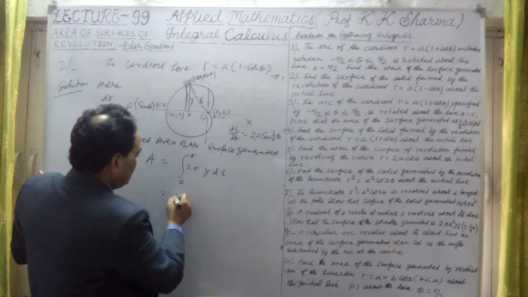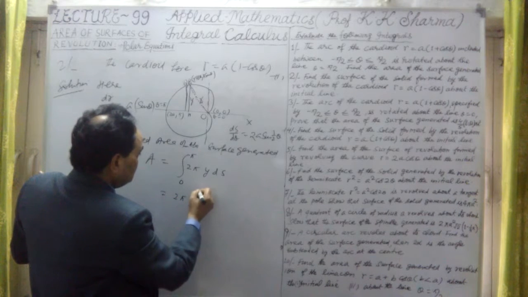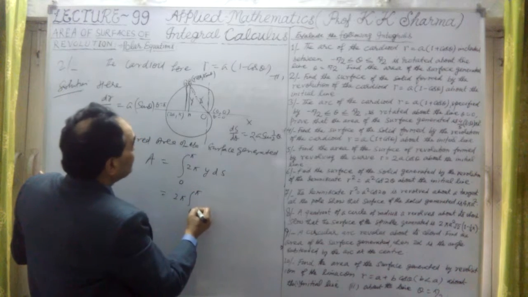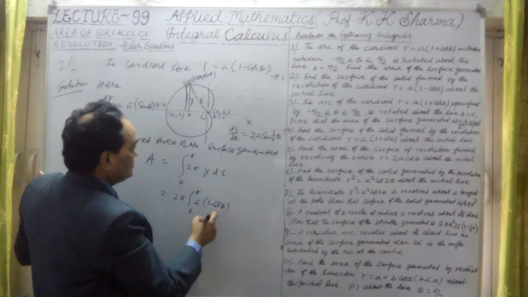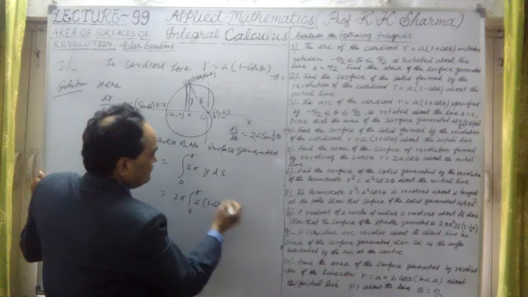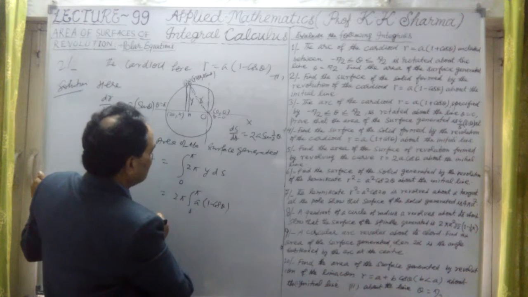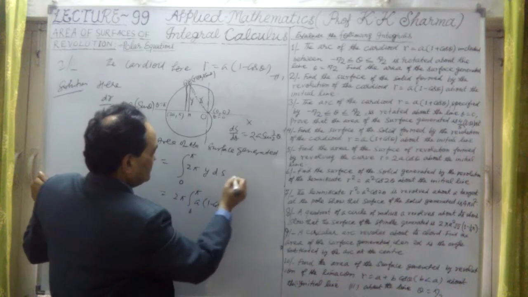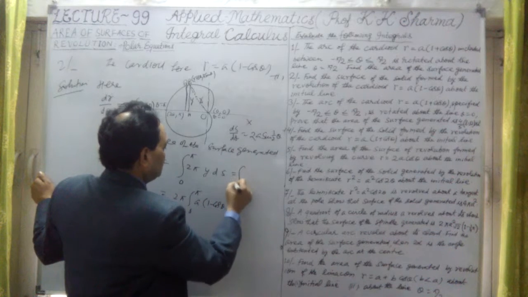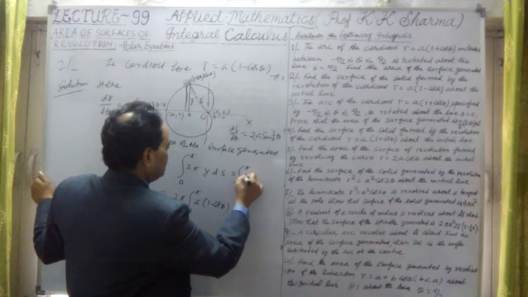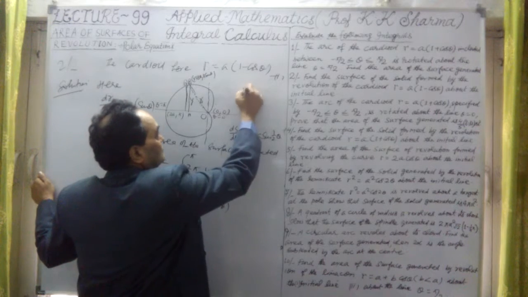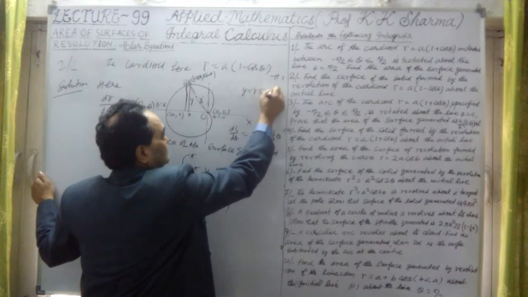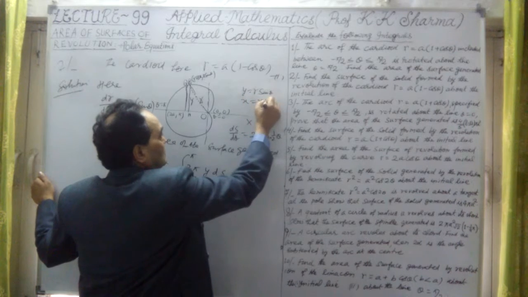Now this is 2 pi, let me take it outside, 0 to pi. Here, I'm sorry, I have to substitute. Y is r sin theta, because we take y equal to r sin theta and x equal to r cos theta.